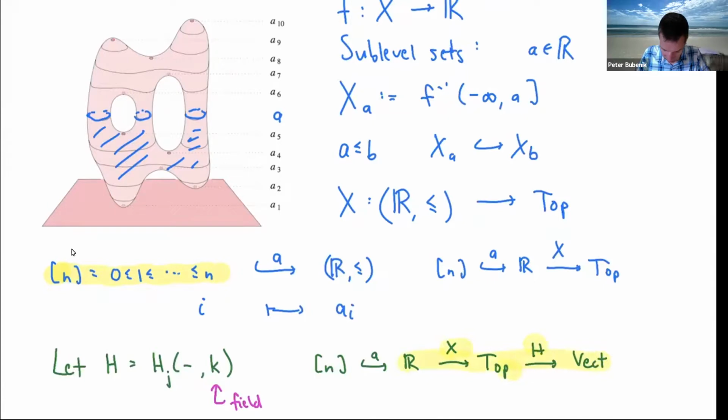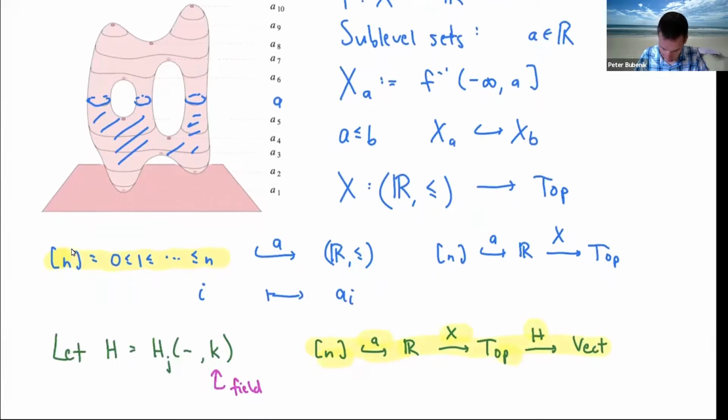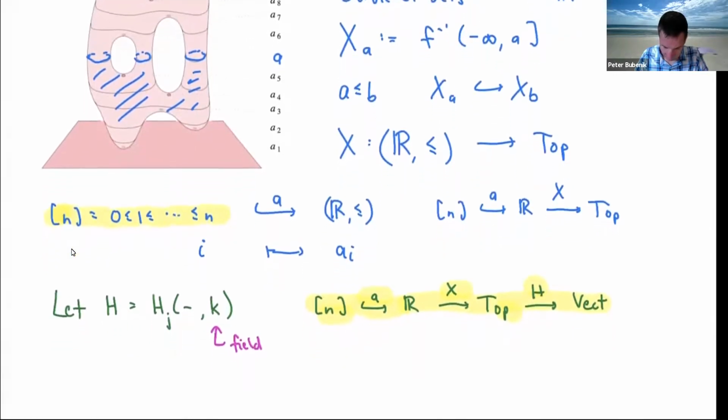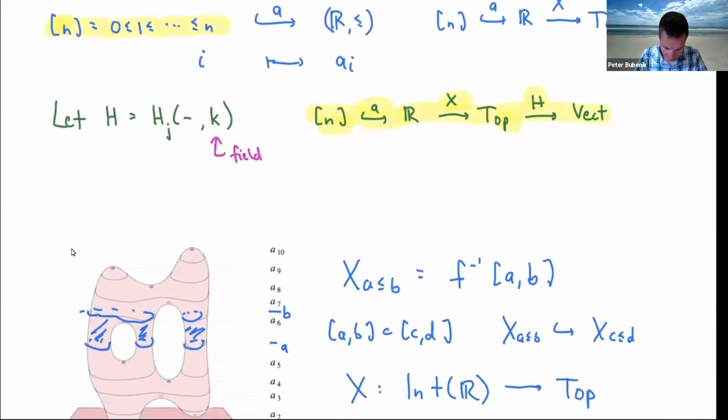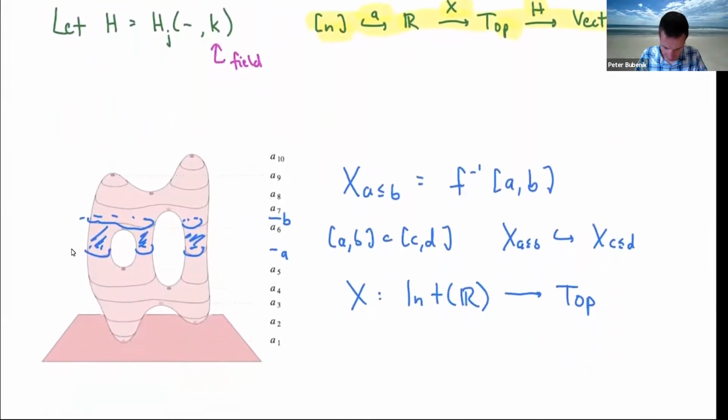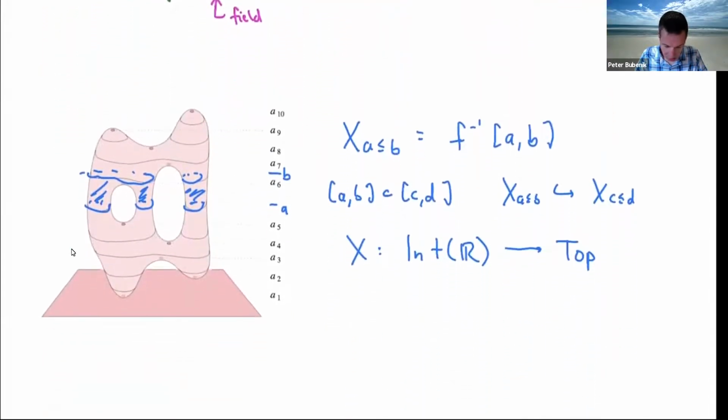If we want to restrict to a finite subdiagram, we just start off with embedding this finite category and finite poset. That's the one parameter setting, and that's been the subject of the last two talks.